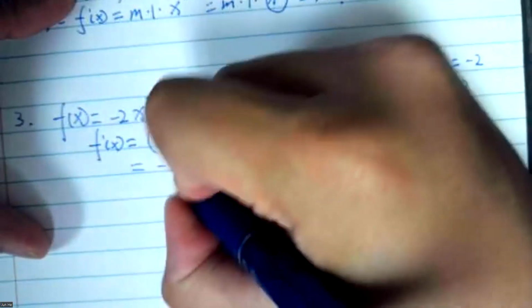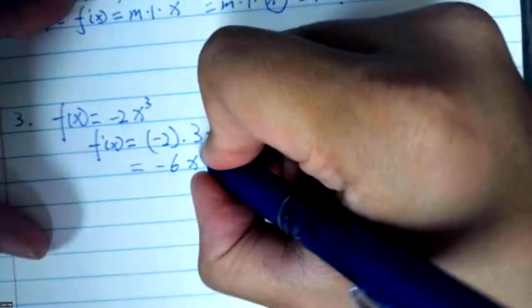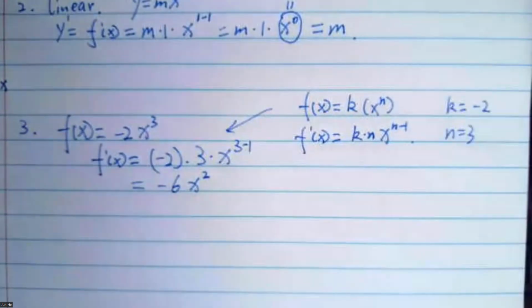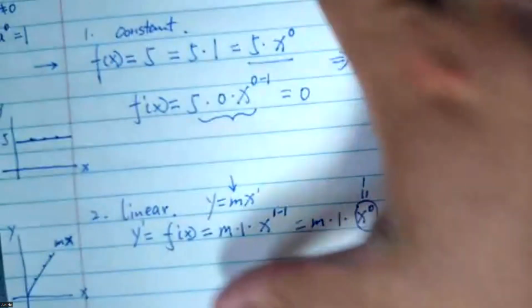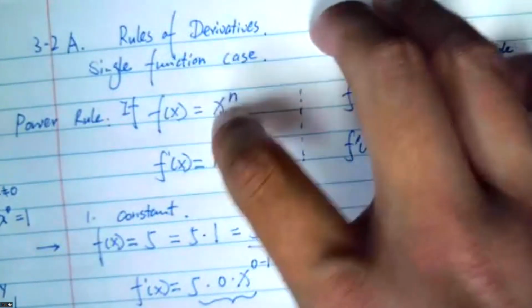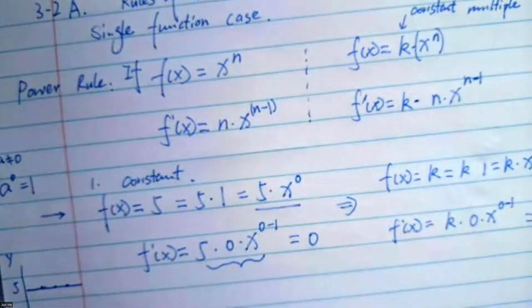So the result is minus 6 by x to the power of 2. Okay, so that is the application of rules of derivative for the single function case. There is only one function in this case, which is f(x).